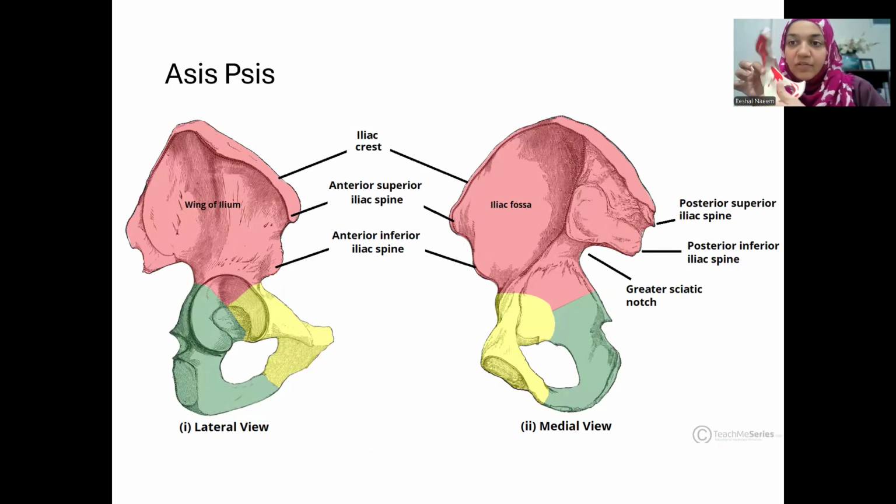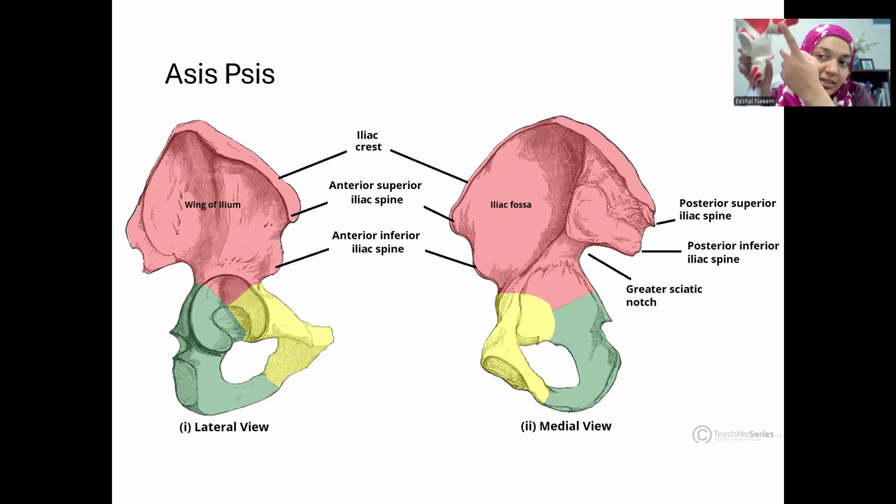On the posterior side of the left side of the bone, we have a greater sciatic notch and a lesser sciatic notch. The greater sciatic notch and the lesser sciatic notch are separated by an ischial spine. This is the ischial spine because now, as you can see, this is the ischial bone, right? This is the ischium. This is the pubic. So this part is the ischial spine.